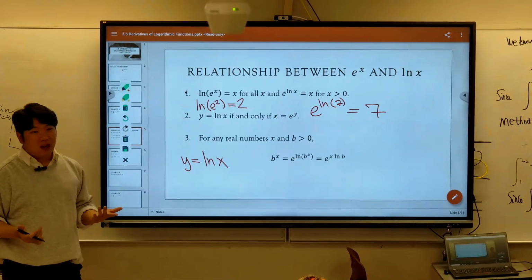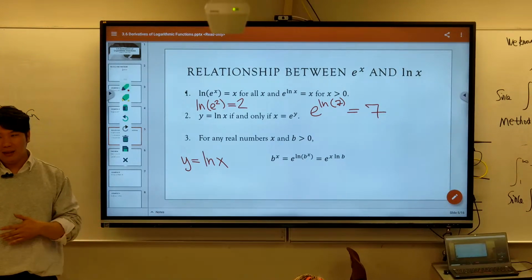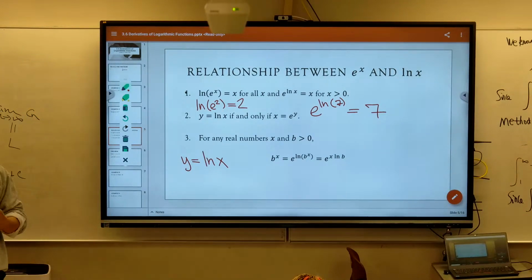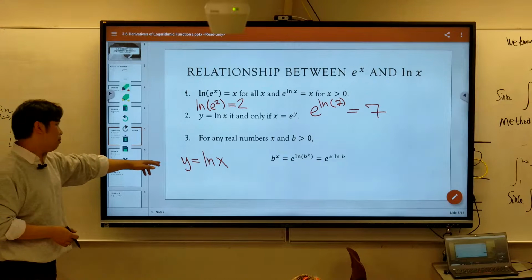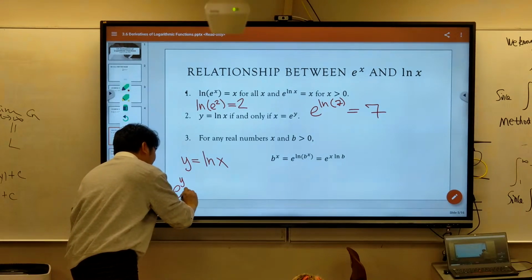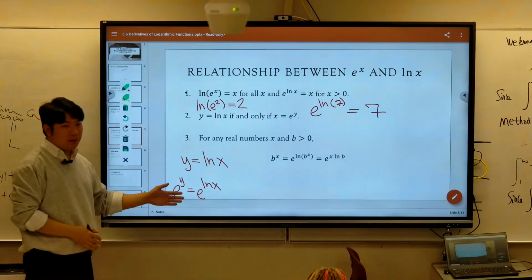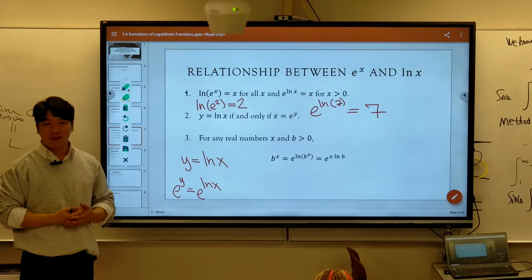Well, one of the big rules about algebra is as long as I do it to the left and the right side, then typically we say, all right, that's legal. We can keep it equal to each other. So if I look at this equation and I take e to the y power is equal to e to the natural log of x, this is still allowed because I did it to the left and the right.